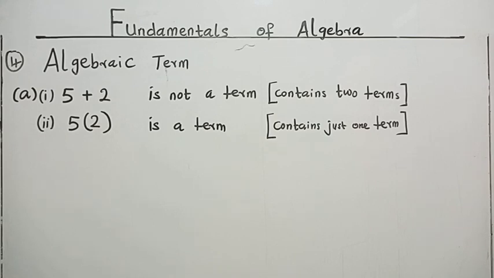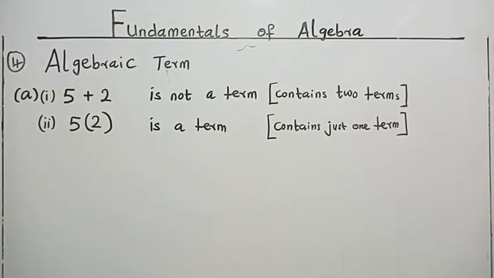You may still ask, what exactly is a term? The properties of 5 plus 2 and 5 bracket 2 will help you understand how to know whether a particular mathematical expression is a term or not. What are those features that expressions should possess before we call such expressions mathematical terms, which otherwise we call them not to be mathematical terms?